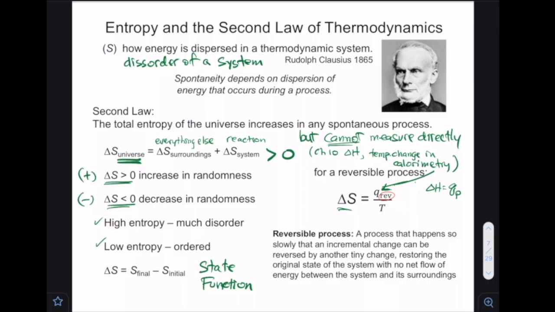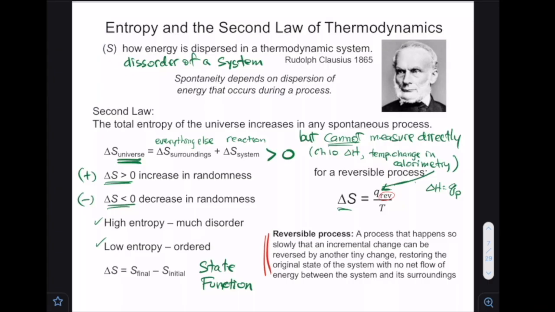We're not going to focus that much on that part of the definition, but you should be aware that this really is under an ideal circumstance where we have what's considered to be a reversible process, which is one that happens so slowly and at such an incrementally small change that you can run the reaction forward or reverse just by doing some other tiny little change to the overall system.